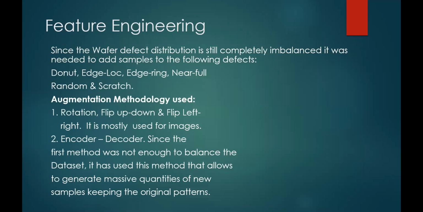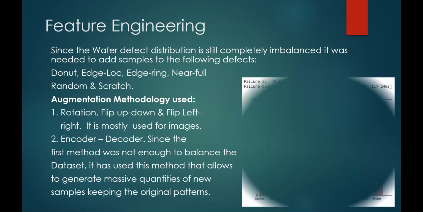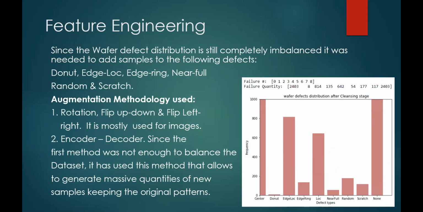Feature engineering. Since the wafer defect distribution is still completely imbalanced, it was necessary to add samples to the following defects: donut, edge loc, edge ring, near full, and scratch. It used the following augmentation techniques.